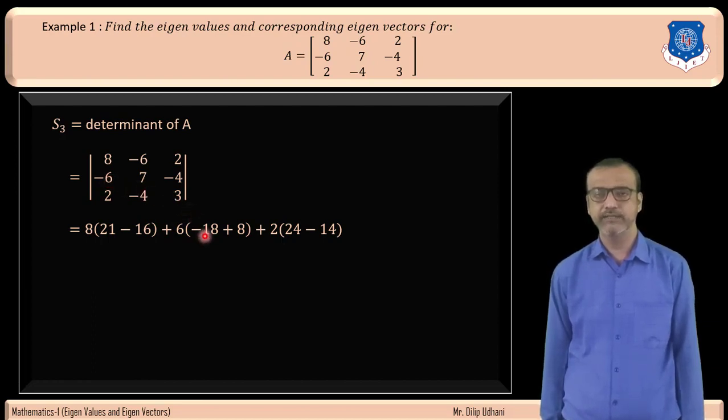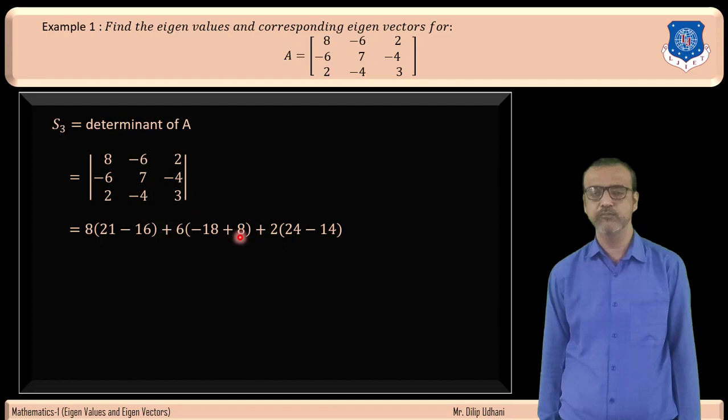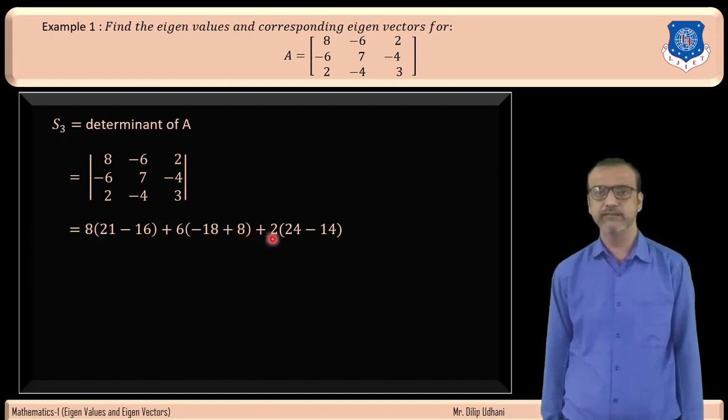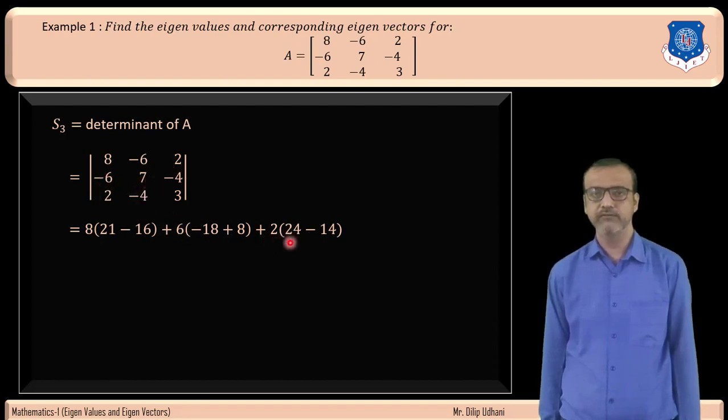Then minus 2 into minus 4, that is minus 8. So minus minus will become plus, so we have plus 8. Then for the last element 2, minus 6 into minus 4 is plus 24. Then minus 14. Now we will simplify this result.